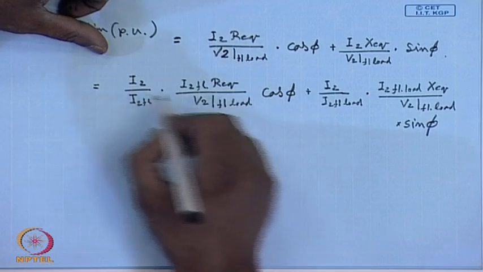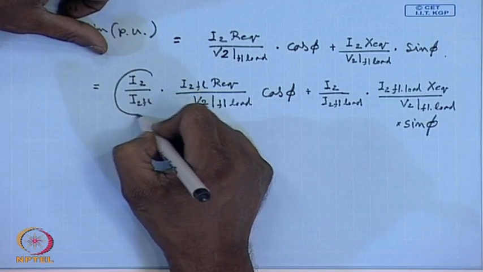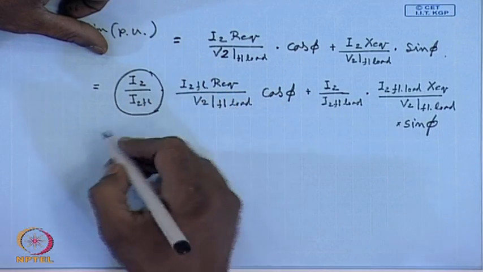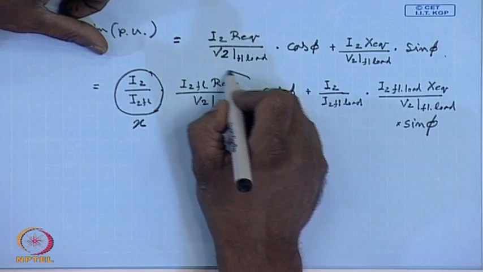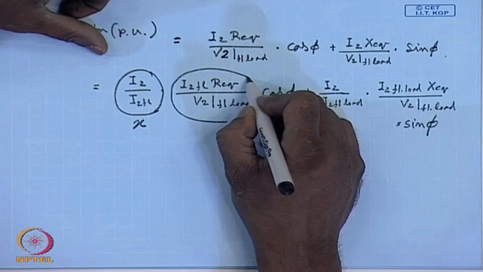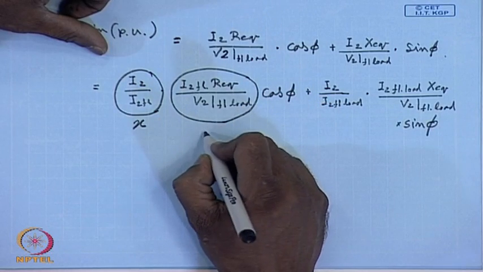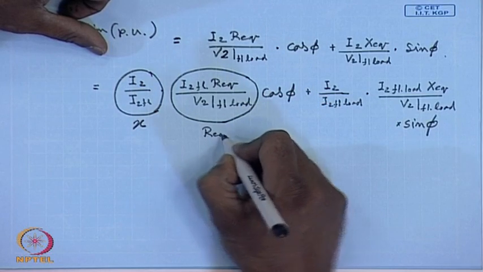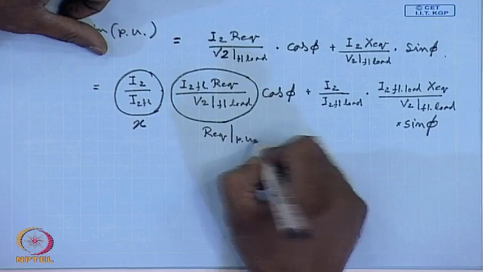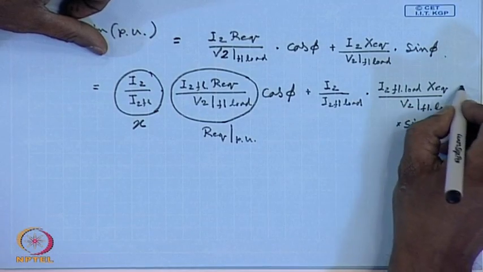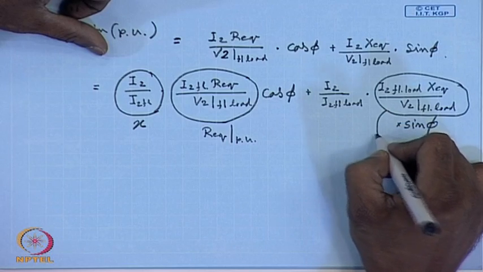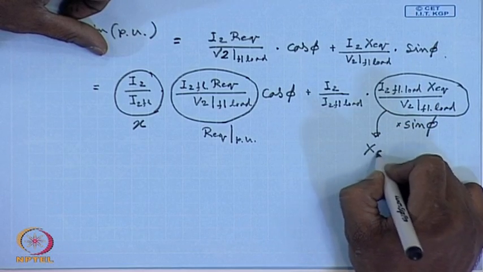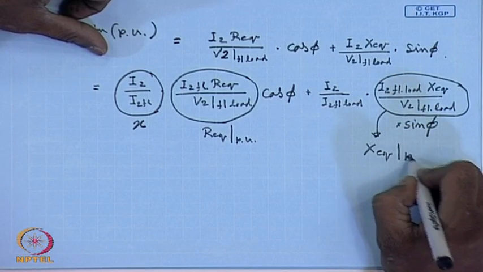However, this quantity has earlier been defined as the per unit load x. This quantity has been defined as Req per unit there, and this quantity has been defined as Xeq per unit.